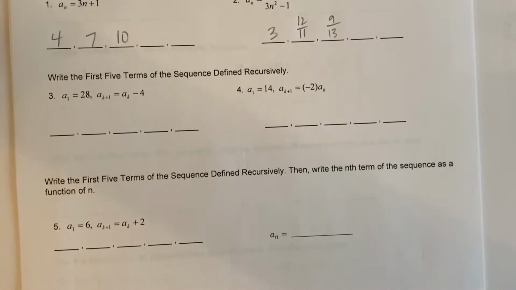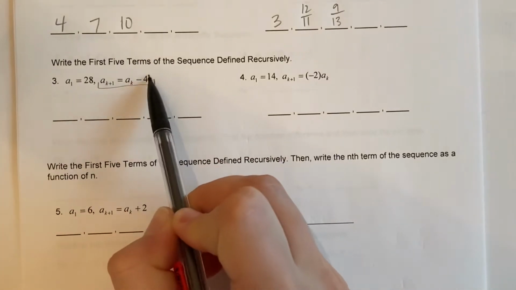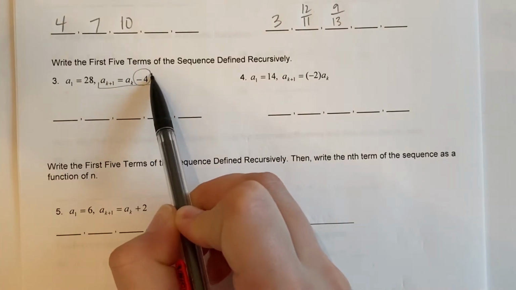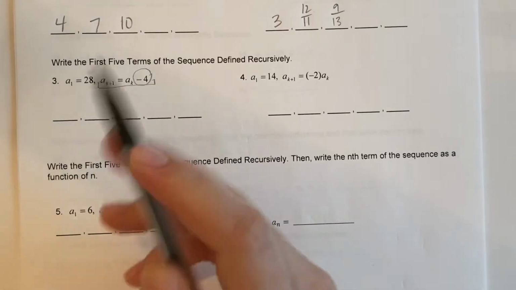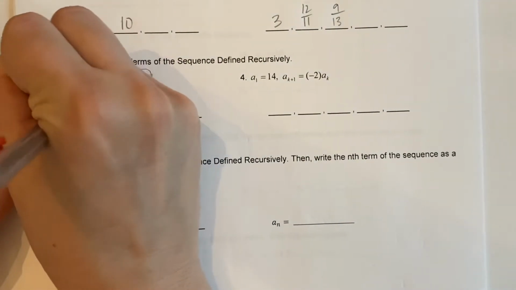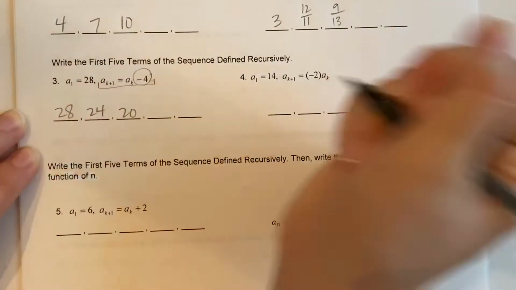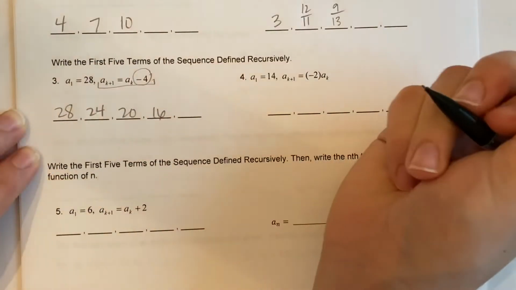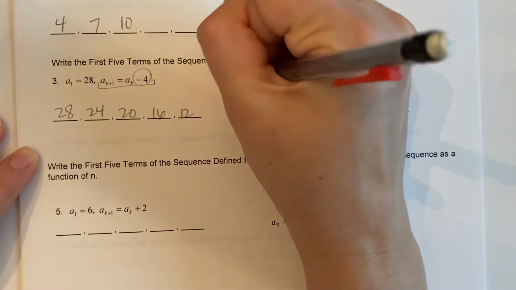Okay, now moving on to that recursive formula. Remember, in this recursive formula, it tells you how to get the next term. So for the sequence, I just subtract 4. So I'm going to start with 28 and then subtract 4 each time. I want y'all to do number 4.